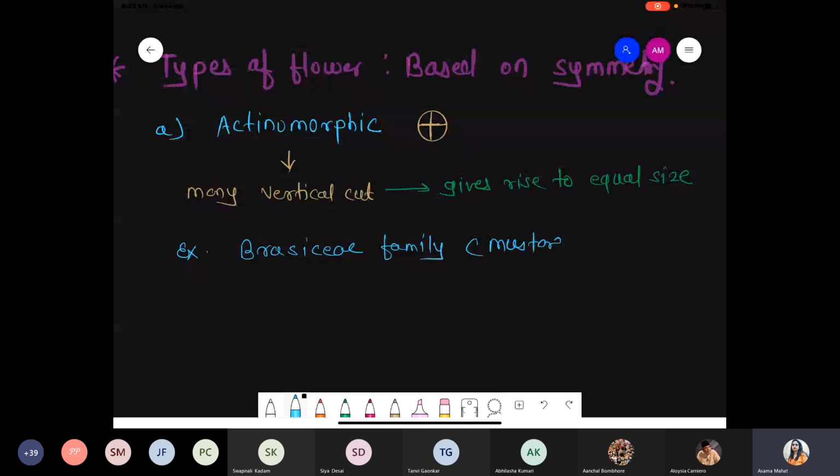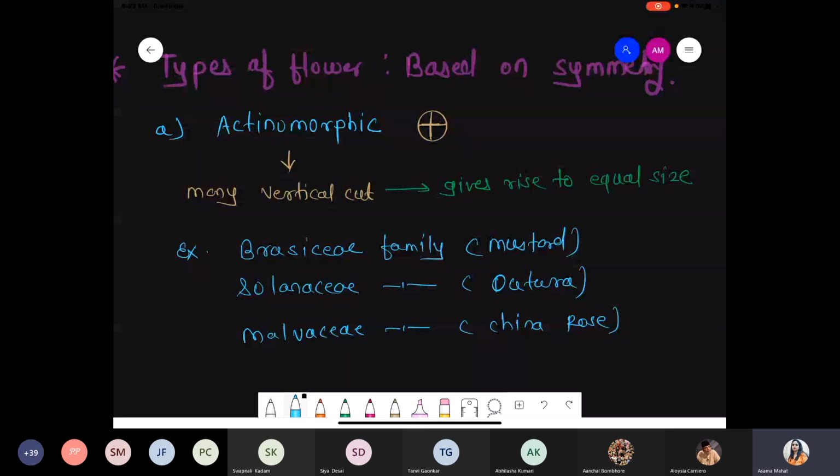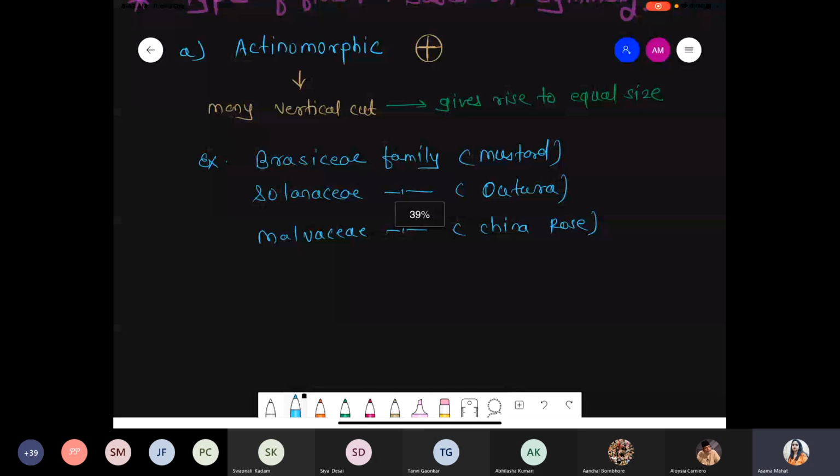Another one, Solanaceae family, potato family, and example we'll discuss later, that is Datura. As well as the Malvaceae family, China rose family. Example is China rose. So three families where actinomorphic flower is present, means you can create many vertical cuts, but whatever the parts of that flower, they produce equal size.